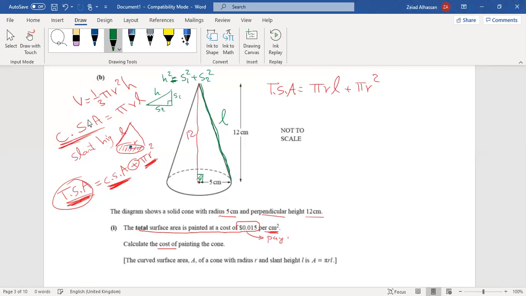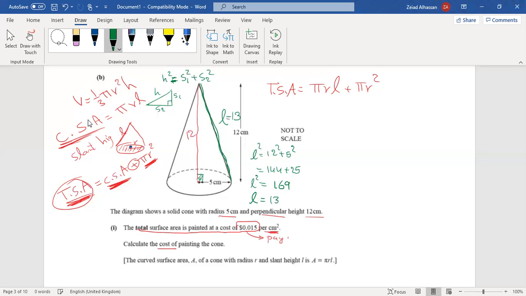So L is not given. Let's calculate L. L squared equals 12 squared plus 5 squared, which is 144 plus 25. That is 169. That's your L squared, remember. So L is the square root of 169. That's 13. So L equals 13.